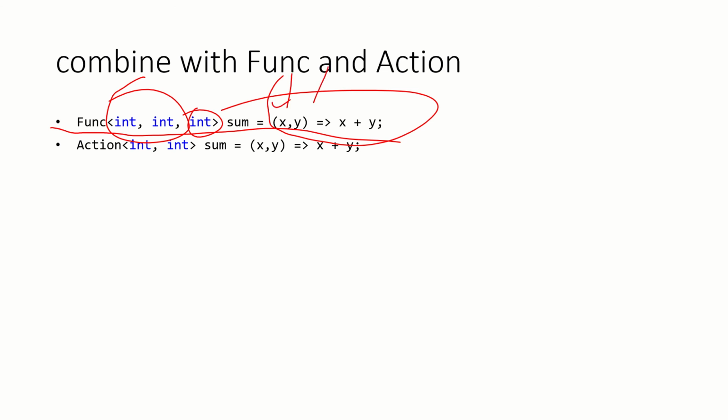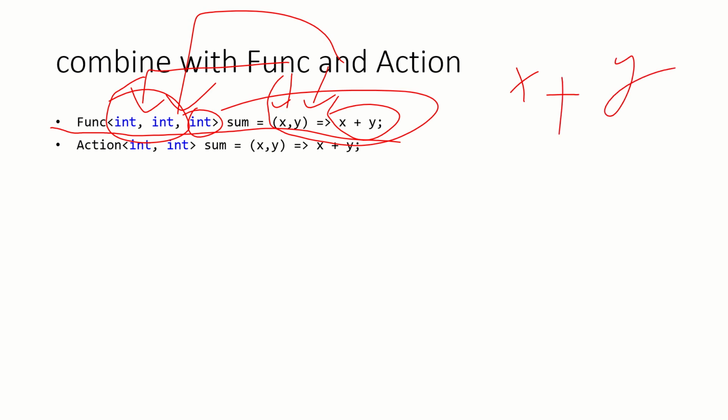So it takes two parameters, which should match, okay, they are int. Then this is the body. We take the parameters x and y and return a result.